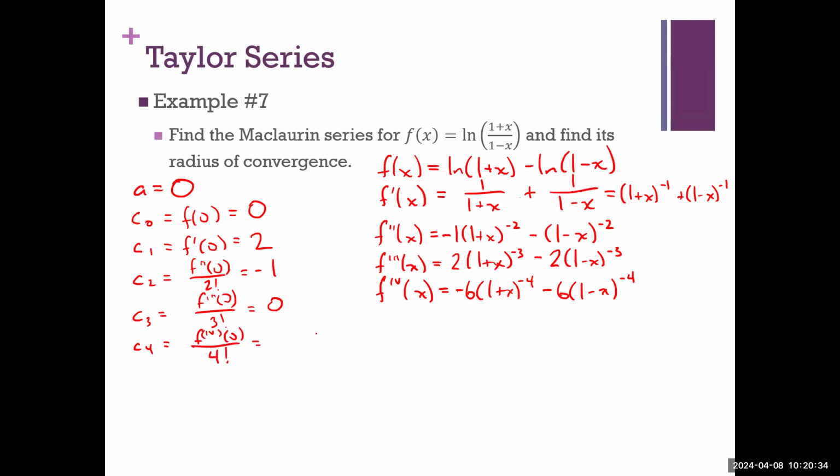All right, I'll go up to C4 and then we can talk. So C4 I think comes out to negative 12 over 24, which is negative 1/2.